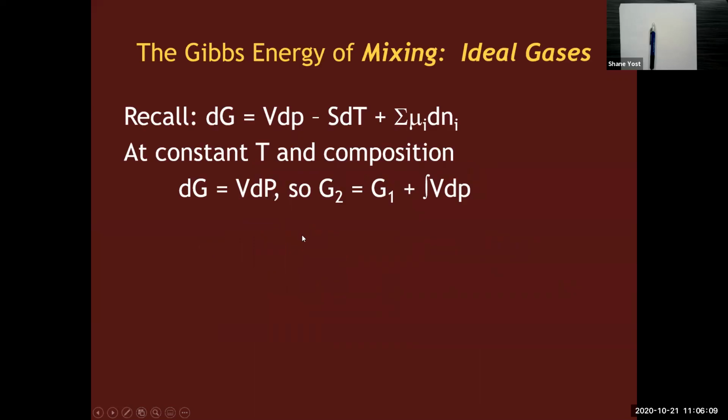So again, when we talk about the thermodynamics of mixing, if I want to talk about the Gibbs free energy change for mixing of two things, I want to think of how the change in Gibbs free energy is related to change in pressure, change in temperature, and change in number of moles.